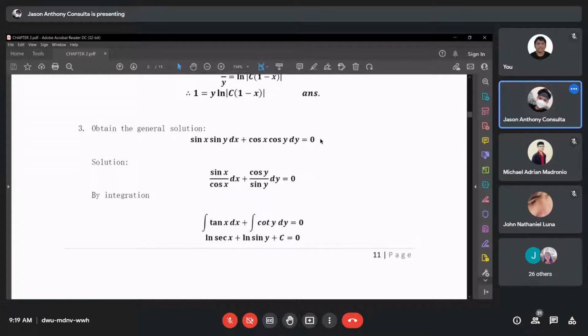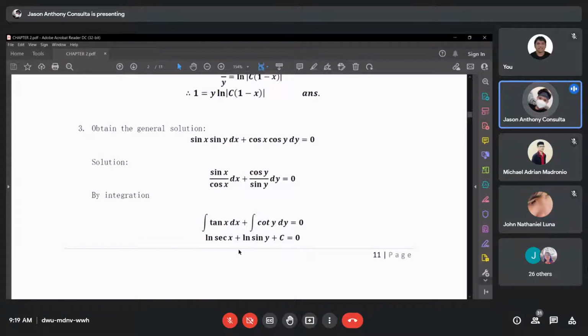Put the y terms all together on the left side and the x terms on the right side. Pero okay lang din ganito, na sabay nyo muna siya lahat sa left side, then transpose nyo na lang later on. Basta lahat ng dx terms, pagsamasamahin, lahat ng dy terms, pagsamasamahin before performing the direct integration.